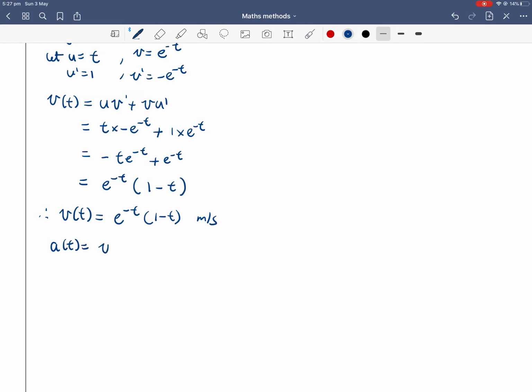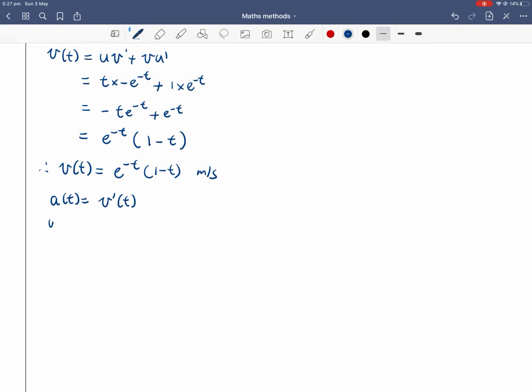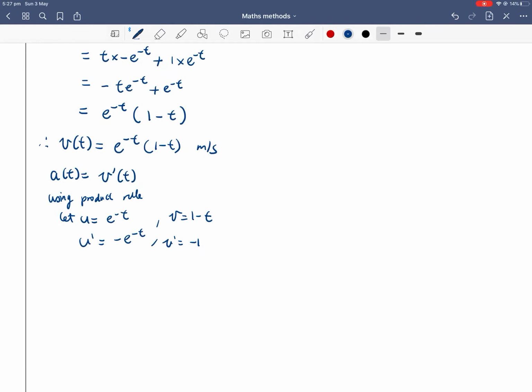Now we need to work out acceleration. Acceleration is the derivative of velocity with respect to time. Again, we have a product of two functions, so let's use the product rule. Let u be e to the negative t, so u dash is negative e to the negative t. If v is 1 minus t, then v dash is negative 1.